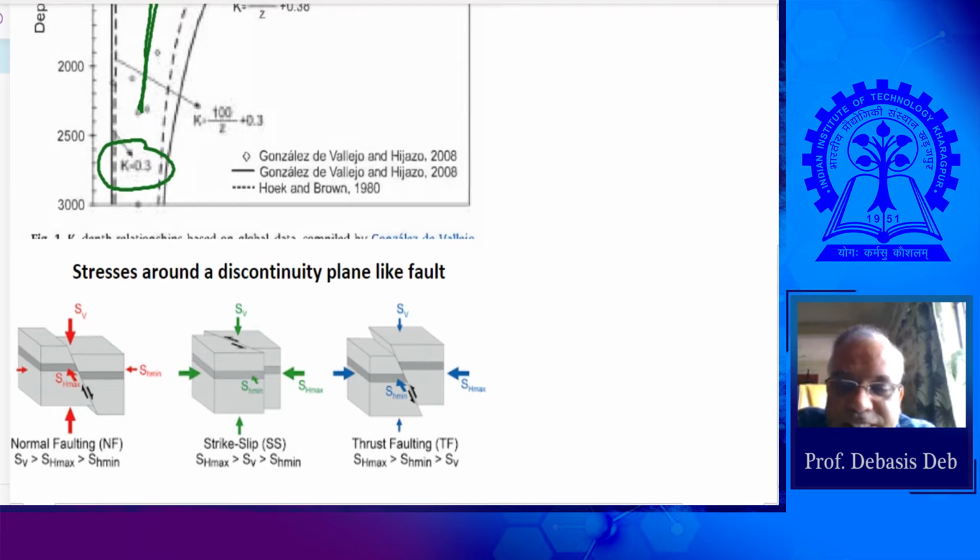It's a type of discontinuity, a plane where there is a movement. Correct. This is a plane of discontinuity caused by what? Tectonic movement of plates. Okay, so plate tectonics is defining it.